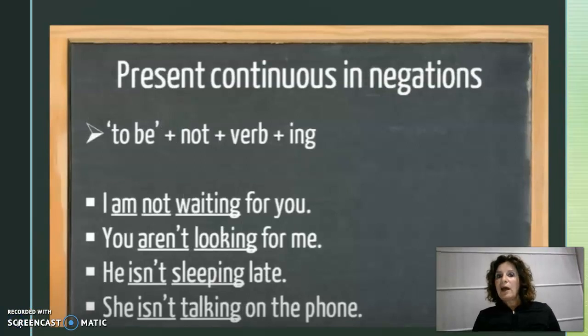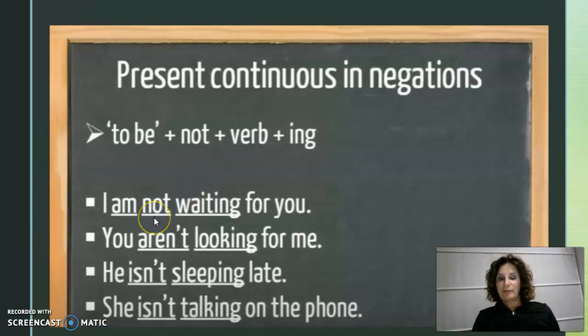Take a look at the negative sentence now. What do we need in a negative sentence? Of course, the word not. But where do we have to insert it? Between the verb, the auxiliary verb to be, and the main verb describing the action.